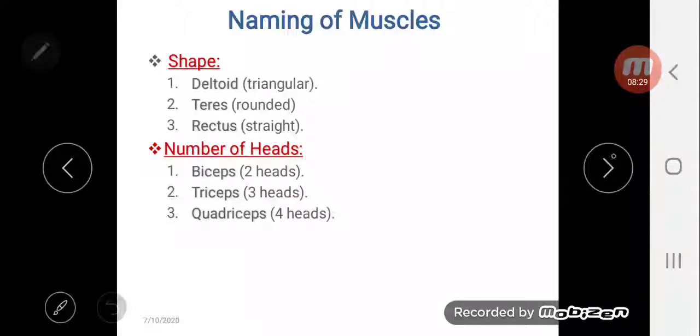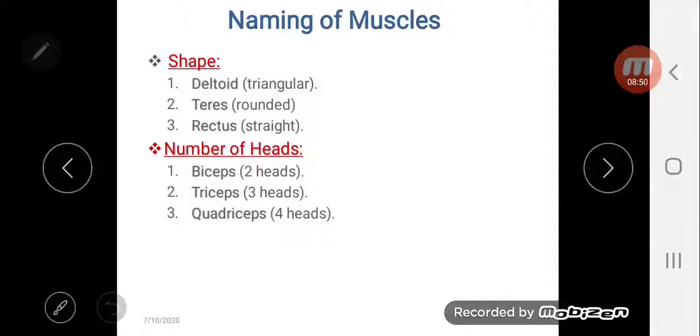Naming of the muscle according to the shape. We have deltoid, which is triangular in shape, teres, which is round in shape like pronator teres, rectus, it is straight like, for example, rectus femoris and rectus abdominis.